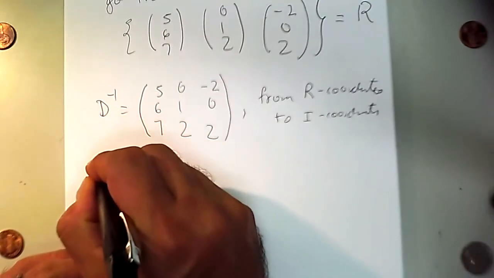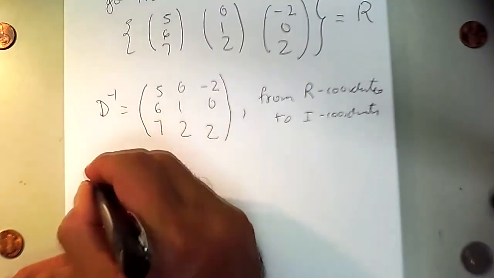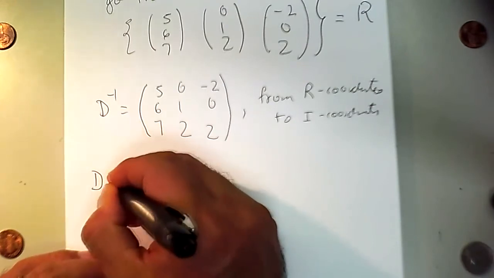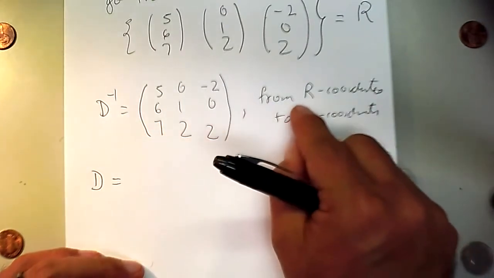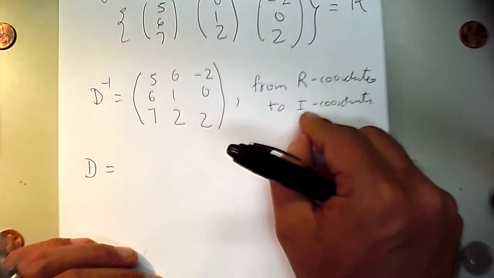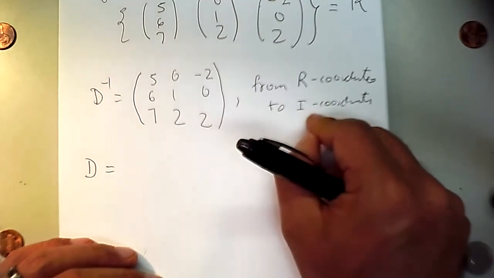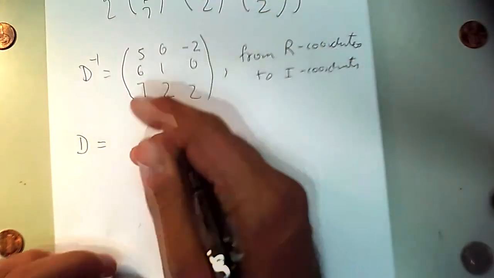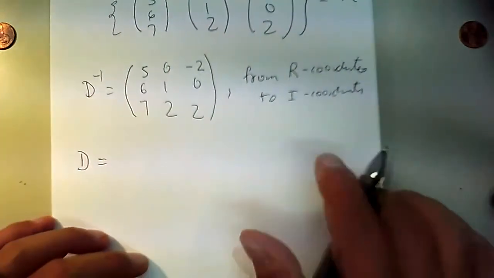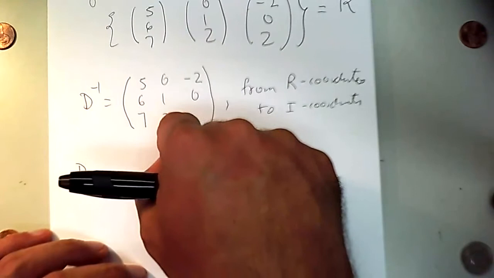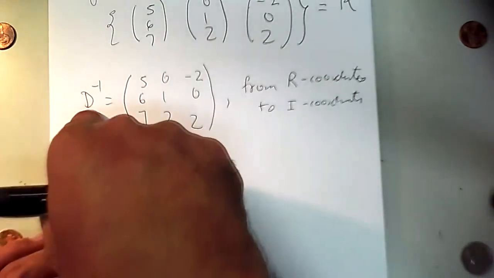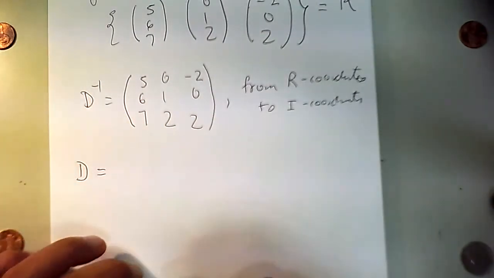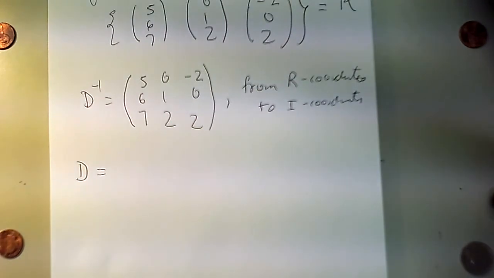And now we want to find D, which is the one that takes us from regular coordinates to these weird coordinates. So let's find the inverse of this matrix, which is the inverse of the inverse of D, which is going to give us D. All right.